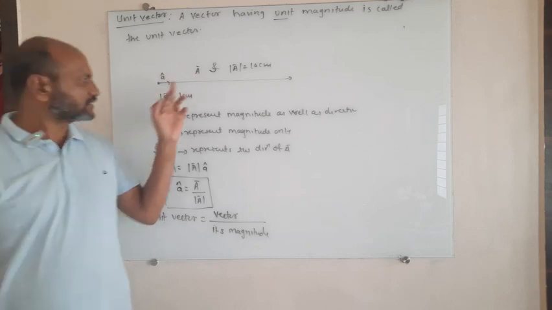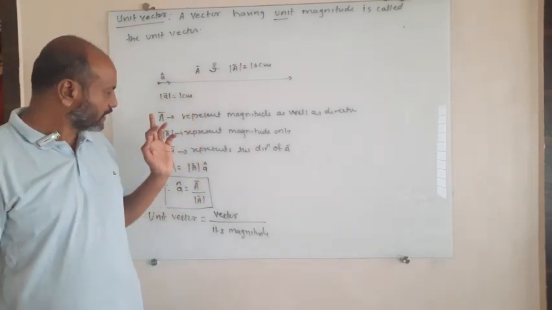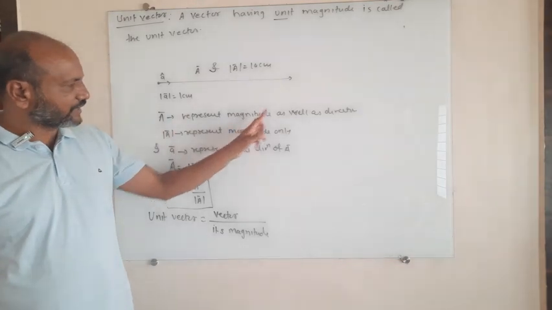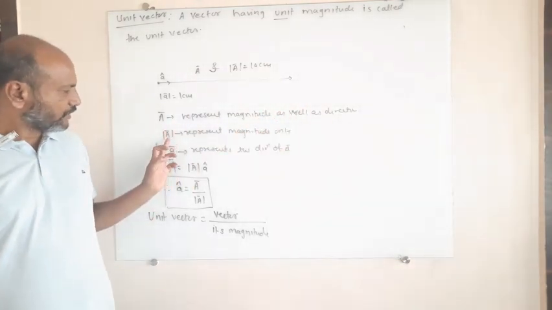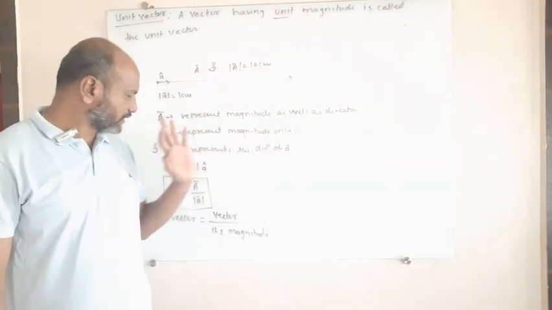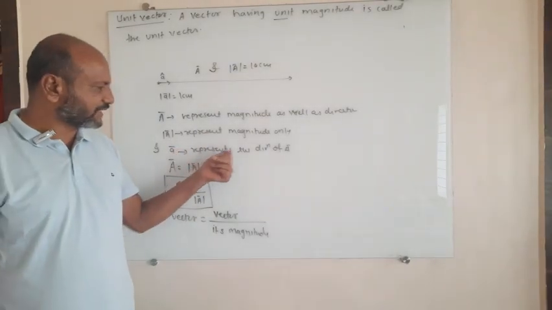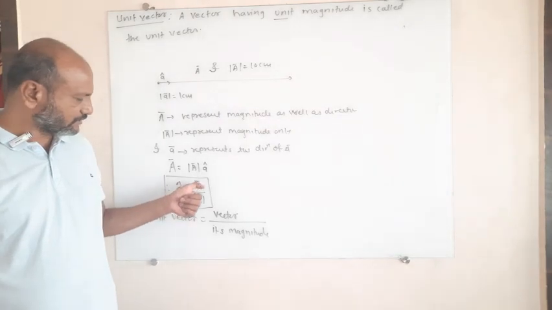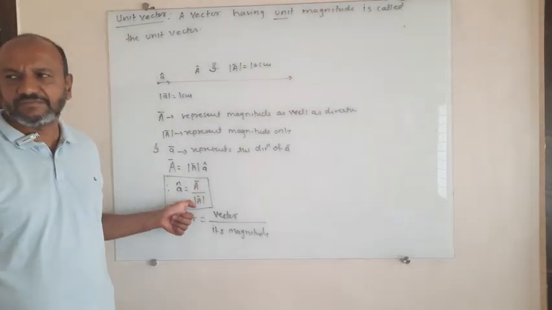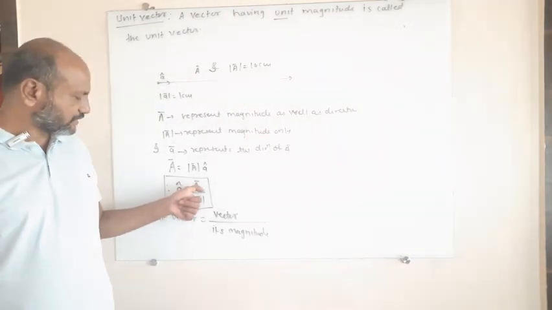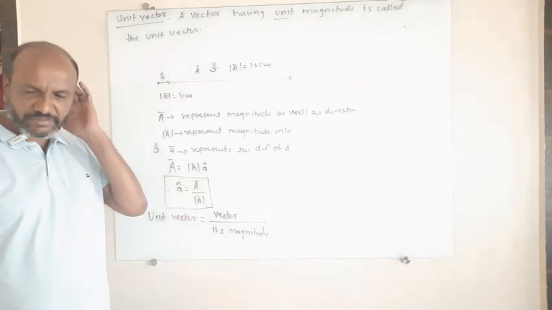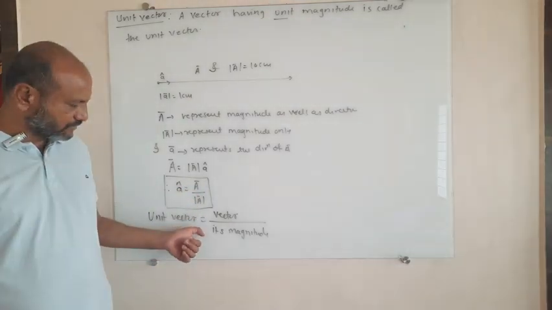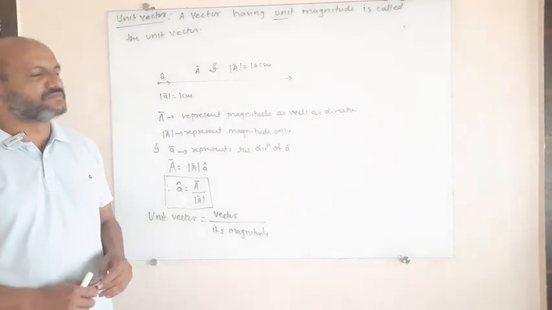A bar represents magnitude as well as direction. Modulus of A bar represents the magnitude only. A cap represents the direction of A bar, and therefore A cap is equal to A bar upon modulus of A bar, and therefore unit vector is equal to vector upon its magnitude.